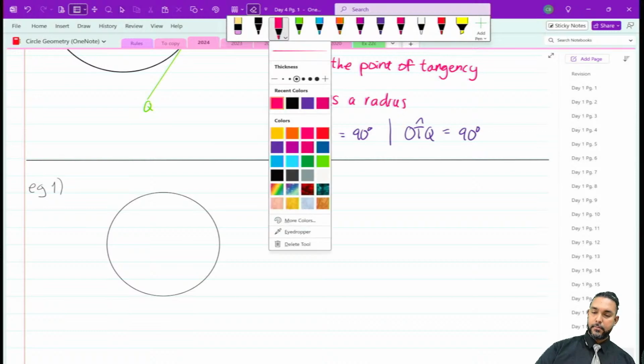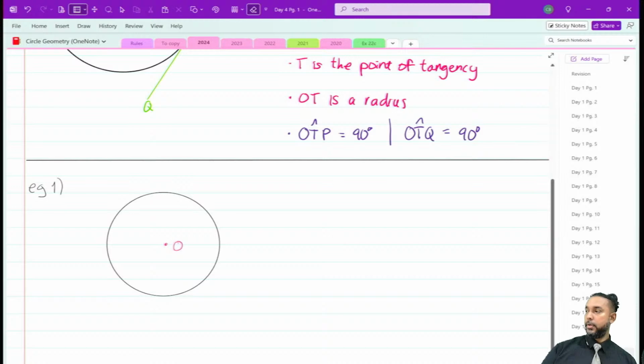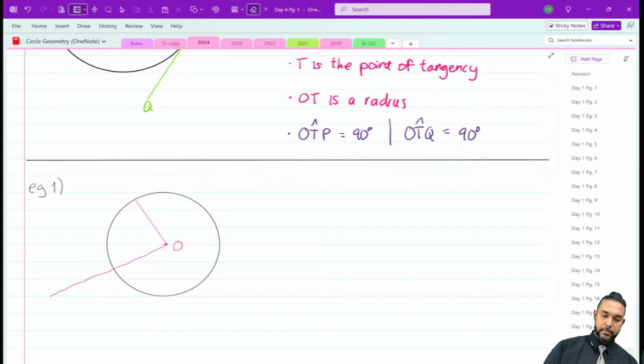So in this particular case, we have O, the center of the circle. We have O to T, and I draw that out, sorry.